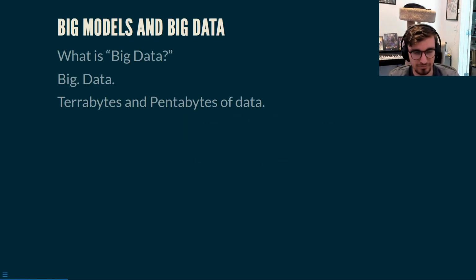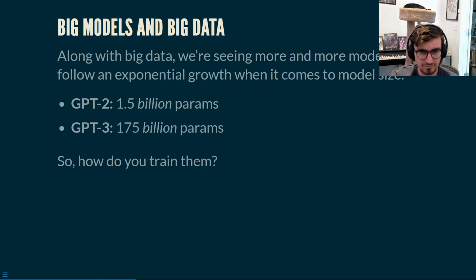So, big models and big data. What exactly is this? Because if you look at big data, it's data science, and it's terabytes and petabytes of data with the ideology that I want to train a machine learning model on this data because it's a lot of data and could be useful. And then scaling, of course, with the data, especially over the last few years, we have these humongous models, right?